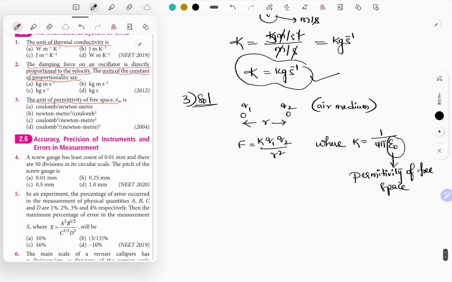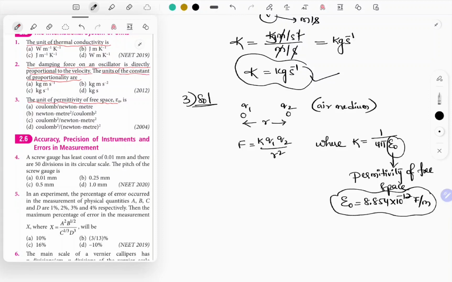Its value is about epsilon naught equal to 8.854 into 10 power minus 12 farad per meter. This is the unit of permittivity.